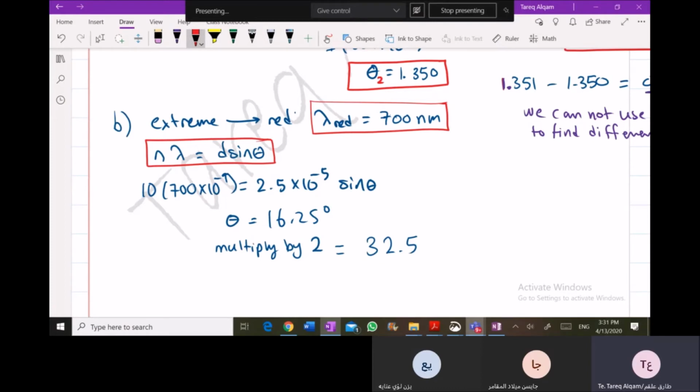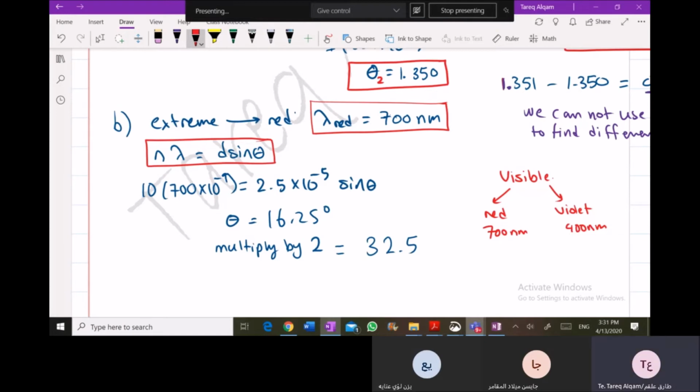For the visible range we have to focus on red and violet only. Red is 700 nanometers and violet is 400 nanometers. You have to memorize this.